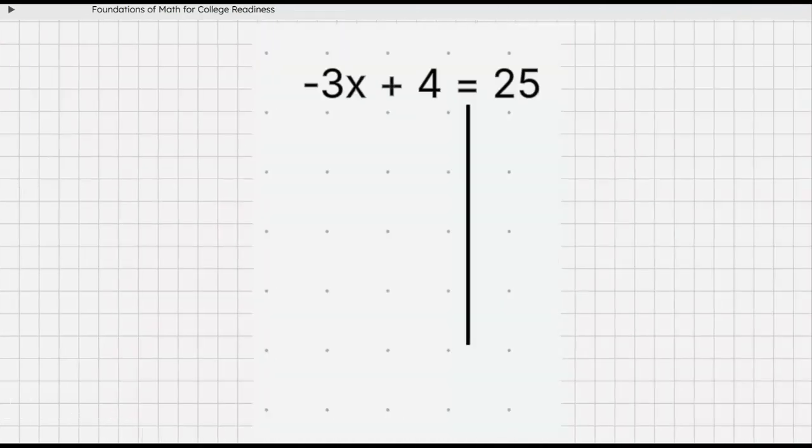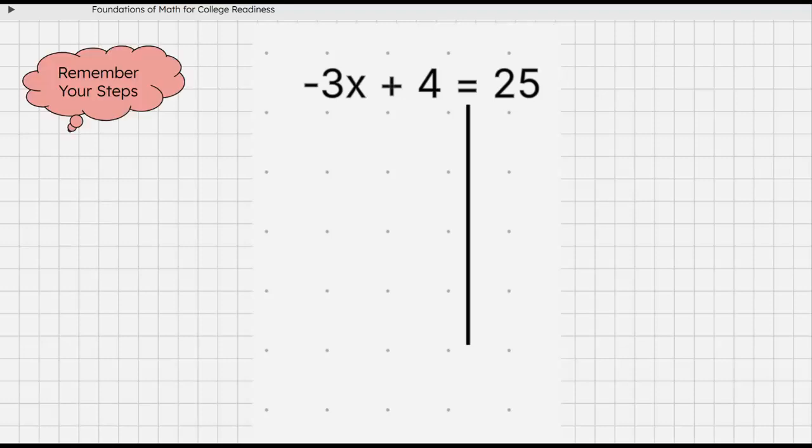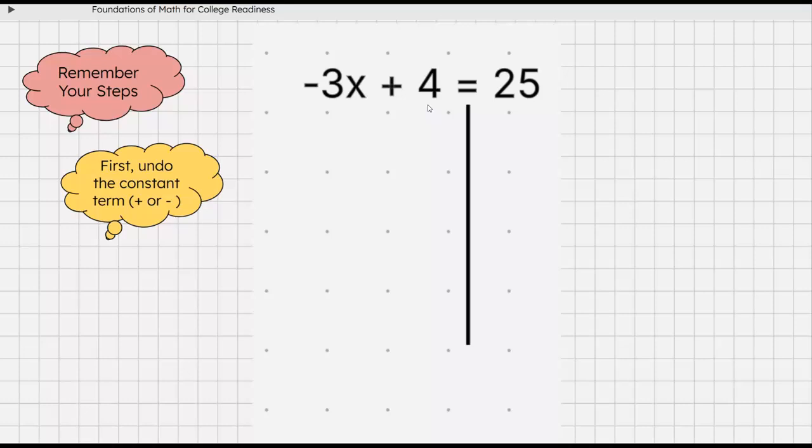Let's practice. So this is what a two-step equation looks like. One example anyway. Negative 3x plus 4 equals 25. We need to remember our steps. Remember to look at the side that the variable is on, and to first look at the constant. We have a positive 4 or a plus 4.